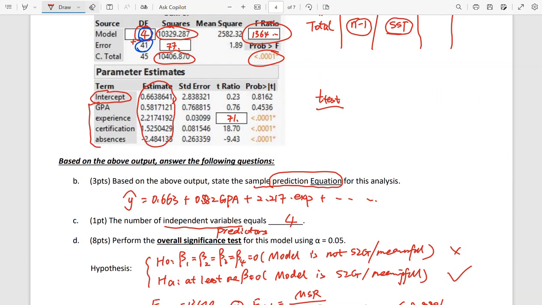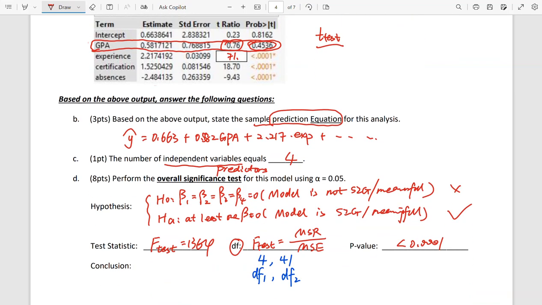Of course, we go to the parameter estimates table, and then go to the GPA row. This t ratio tells you the t-test statistic, and the following one is your p-value. So now your p-value is 0.4536.